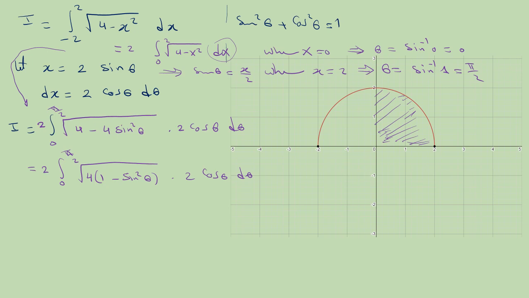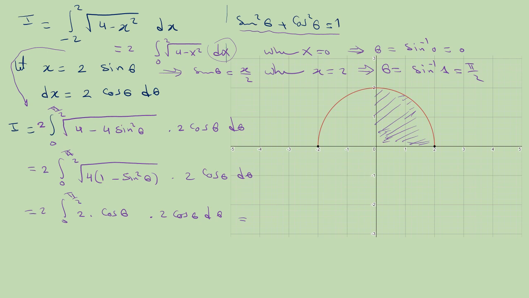Here it will be 2, from 0 to pi over 2. The square root of 4 will be 2 multiplied by the square root of 1 minus sine squared, and according to the Pythagorean identity, 1 minus sine squared equals cosine squared. The square root of cosine squared is cosine theta. Then multiplied by cosine theta d theta.